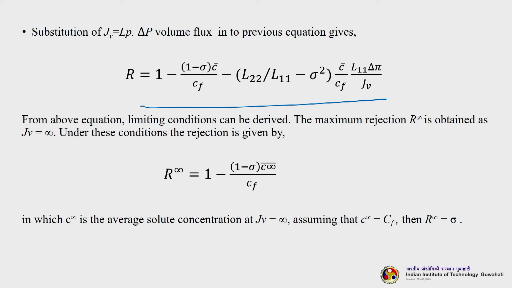The maximum rejection, that is R infinity, is obtained when your volumetric flux Jv tends to infinity. So, R infinity, or maximum rejection, equals 1 minus sigma C infinity by Cf. Here C infinity is the average solute concentration at Jv equals infinity. Assuming that C infinity is Cf, R infinity equals the reflection coefficient.